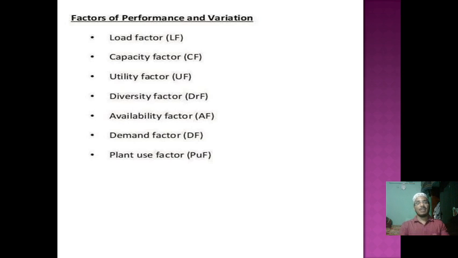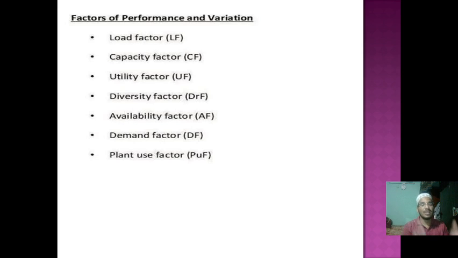Utility factor: sometimes it may happen that the load goes beyond the limit or inside the limit of the capacity of the power plant. In that case, sometimes the equipment may not run properly. That time we have to take the utility factor.